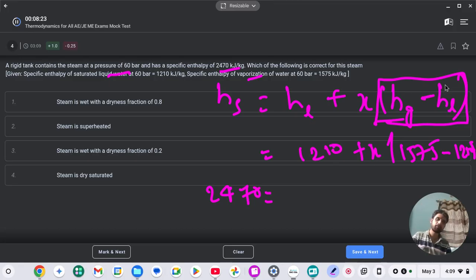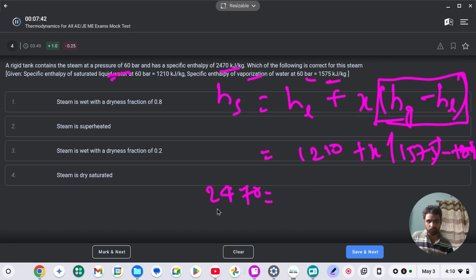This is the specific enthalpy of vaporization of water at 60 bar. It is not the specific enthalpy of saturated gas, it is the enthalpy of vaporization, so this whole term is given. Let's assume that Hg minus HL is given as 1575.